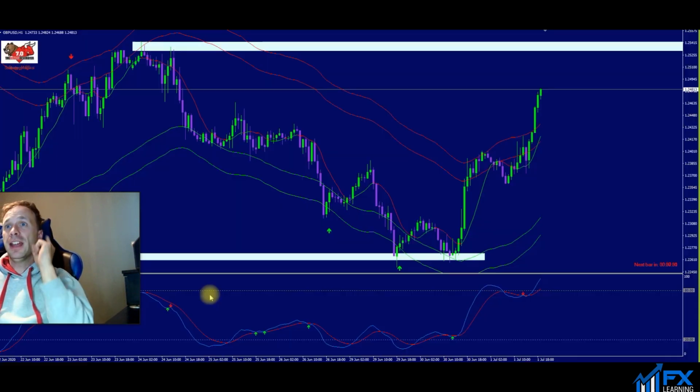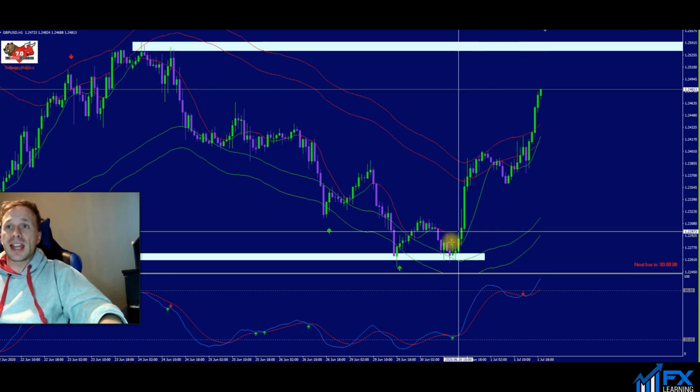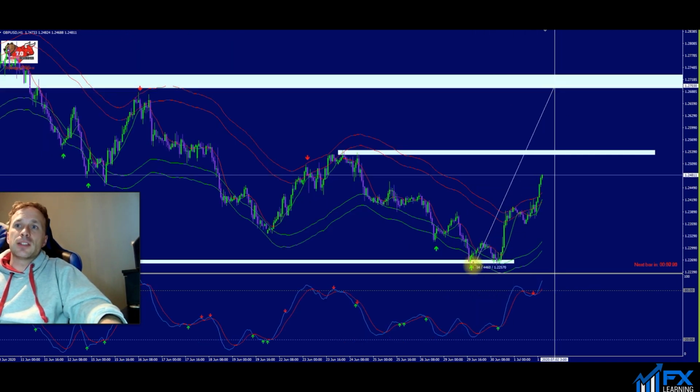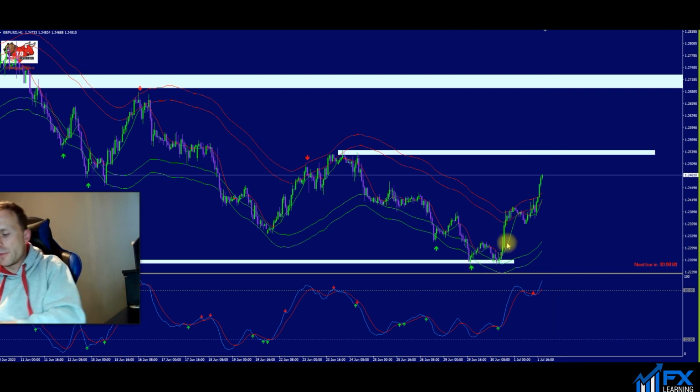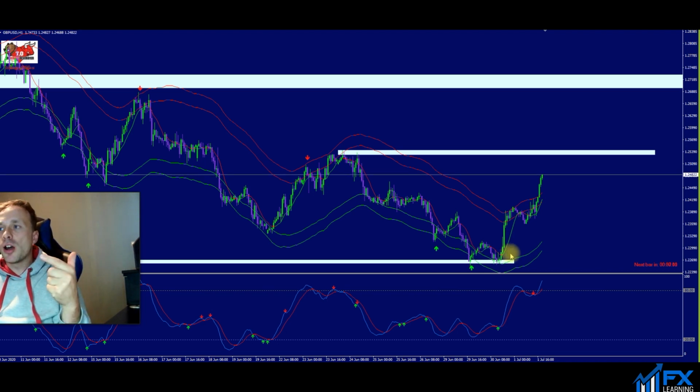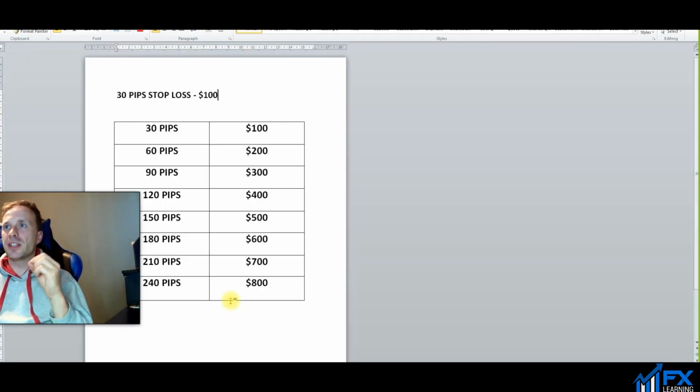Now, if this trade does hit my target at the top here, in fact, I've worked it out on my phone, it's going to be around a 1-to-16 risk reward ratio. Now, every time this trade moves up 30 pips, I lock in another 1% of my account.